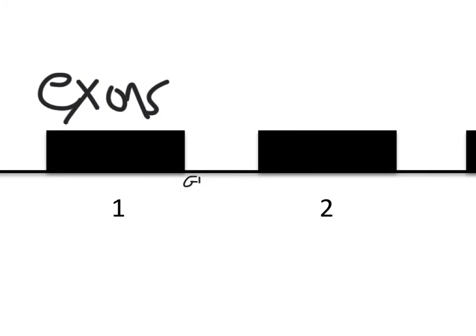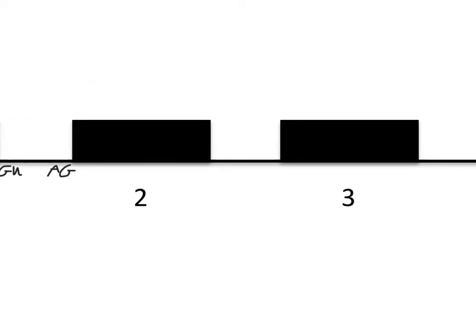They all start with GU and end in AG. So there will be a GU and an AG in that intron. And this next intron should start with a GU and end in an AG. There's also an A in between them that's critical to have for splicing to work.